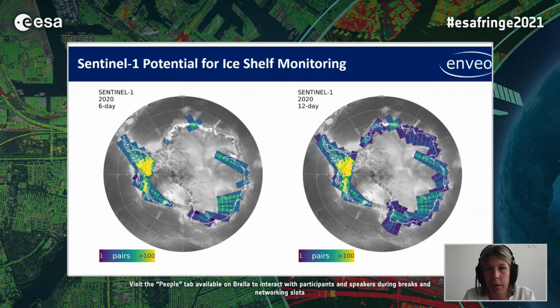Most of the ice shelves are covered at least every 12 days and some even every 6 days. This really offers a big opportunity to apply SAR interferometry or SAR imagery monitoring at large scale.